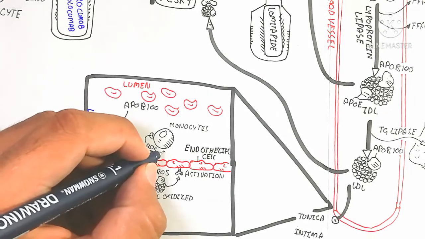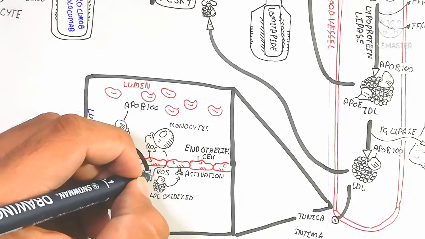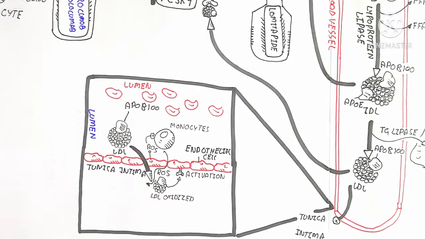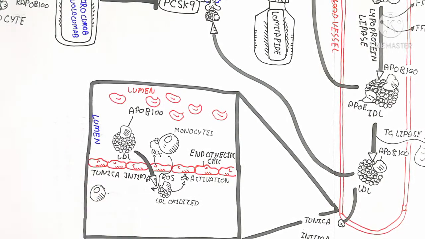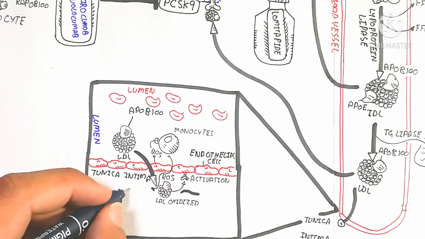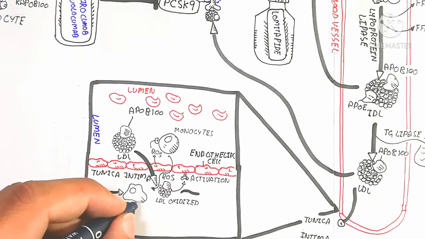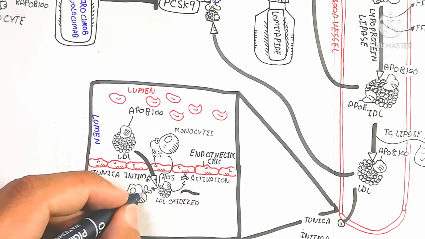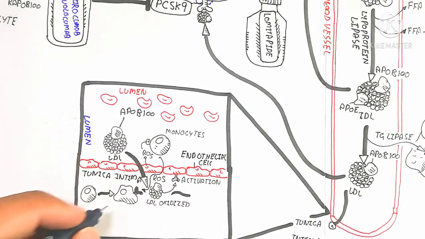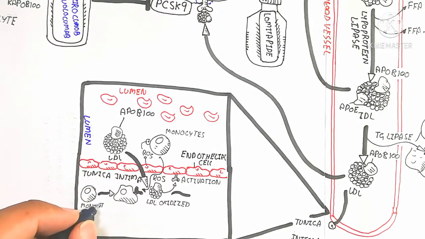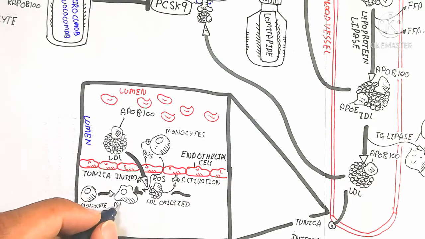These monocytes enter and proliferate to produce the macrophage. And a very important characteristic of this macrophage is that the scavenger receptor is present on its upper surface, developed after the proliferation, and the LDL, at its ApoB100 site, is received and enters inside to produce a foam cell.